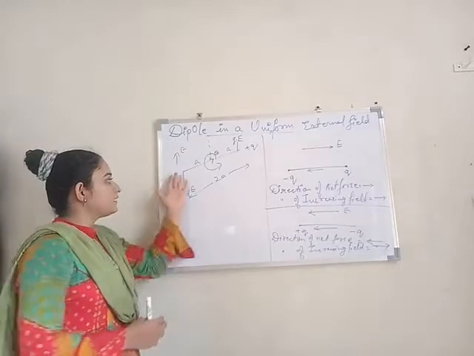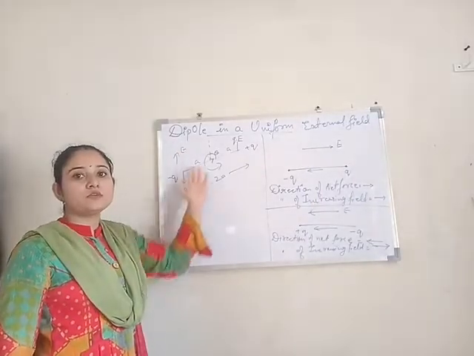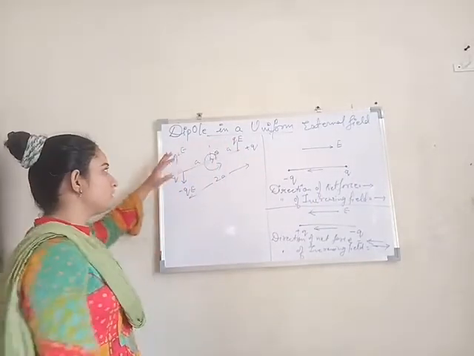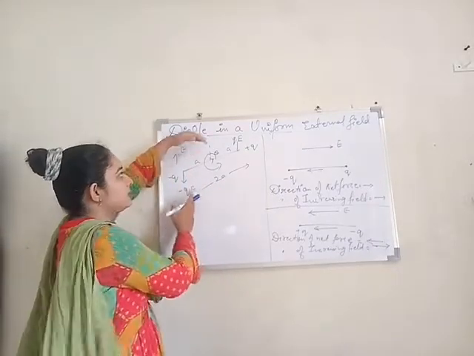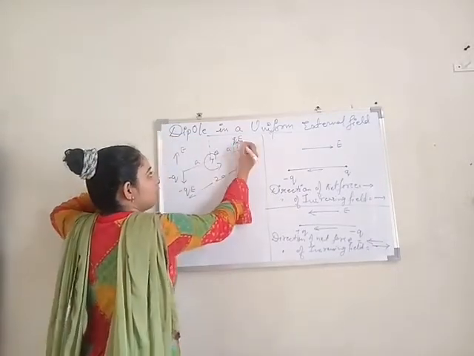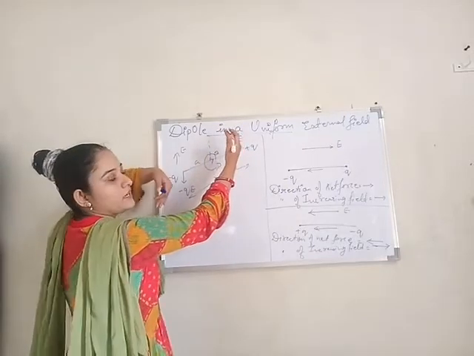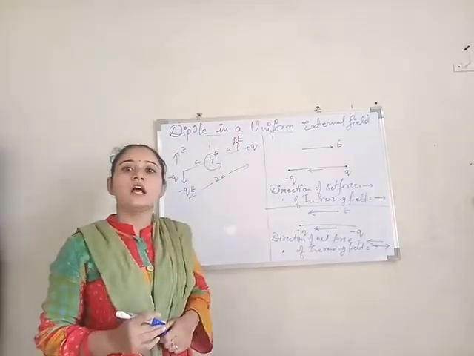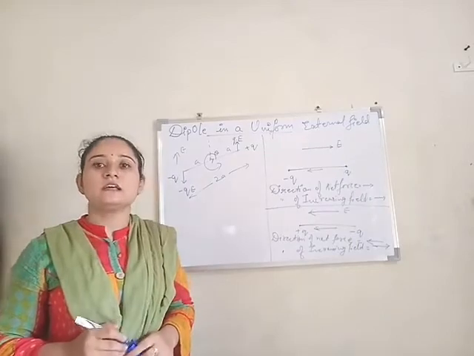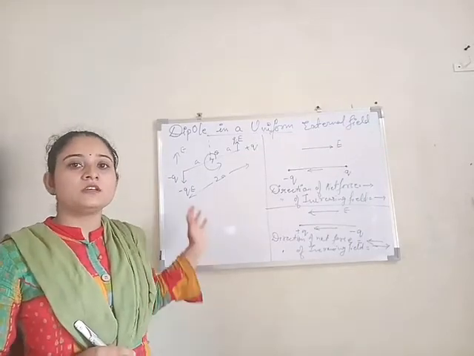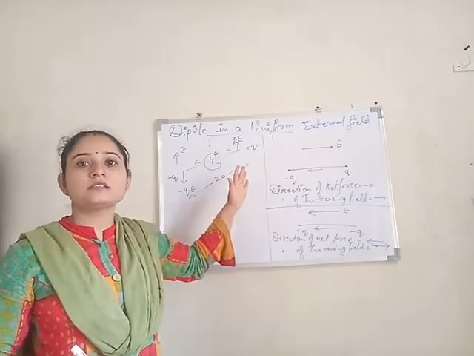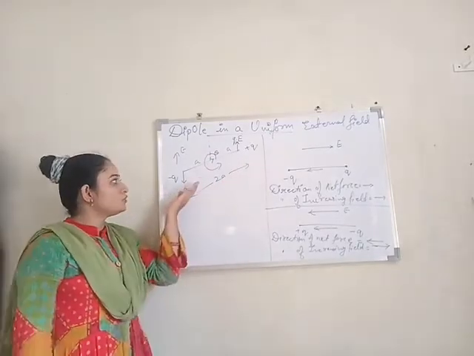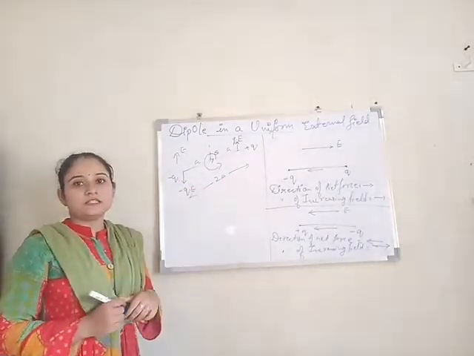The forces minus QE and plus QE are equal in magnitude and opposite in direction. One force goes in this direction and the second in the other direction. Two forces which are equal in magnitude but opposite in direction are known as a couple. So it will align with the field.